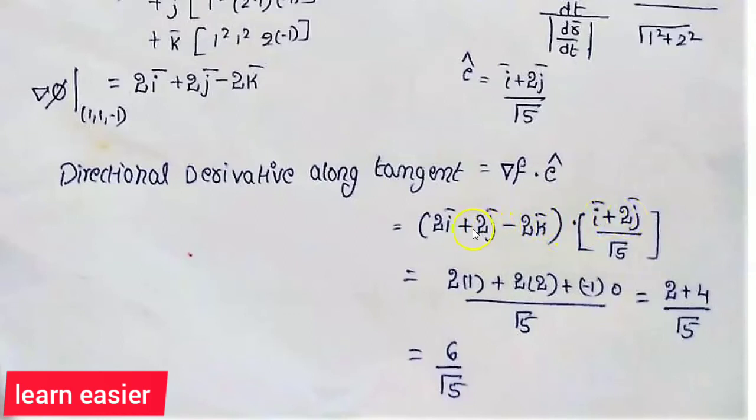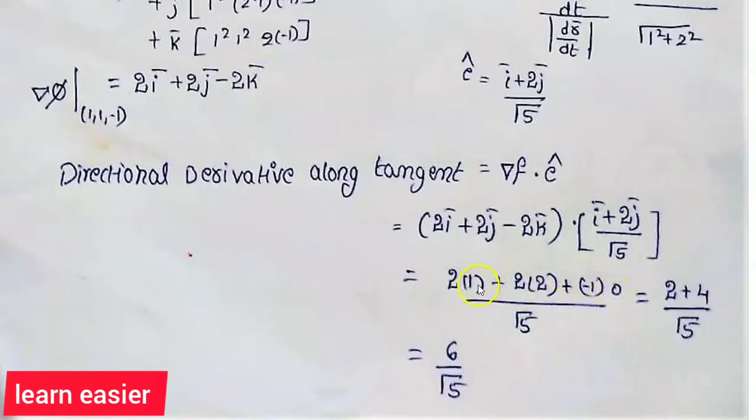Now let's multiply only the coefficients of these i bar, j bar and k bar. So 2 into 1 is 2 and 2 into 2 is 4, and here minus 2 into, here we have no k bar, so minus 2 into 0.